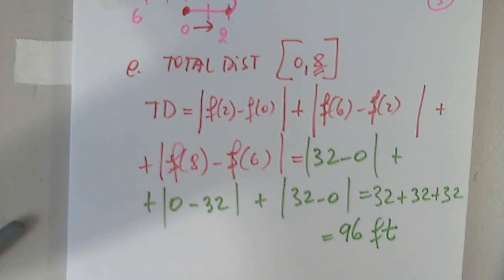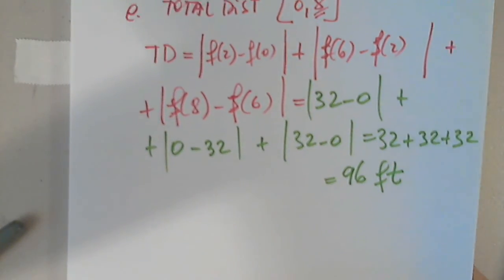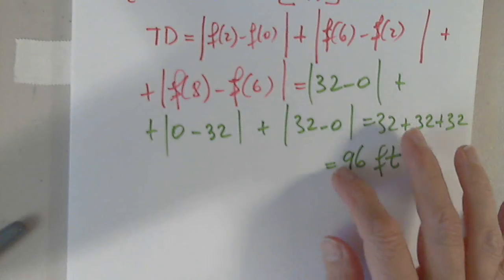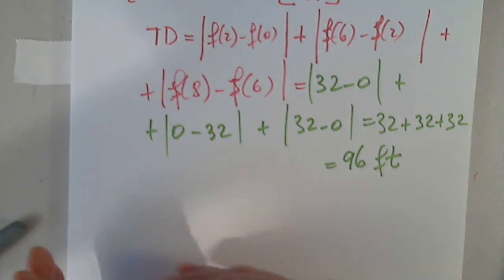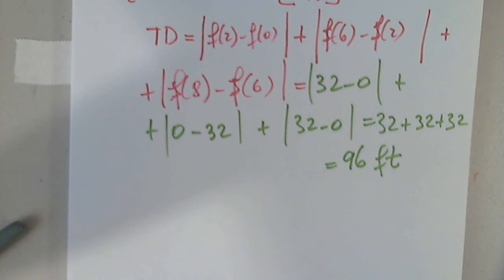So the total distance covered by the particle in the first 8 seconds is 96 feet. The reason why we use the absolute value is because no matter which direction the particle is going, it will accumulate distance.